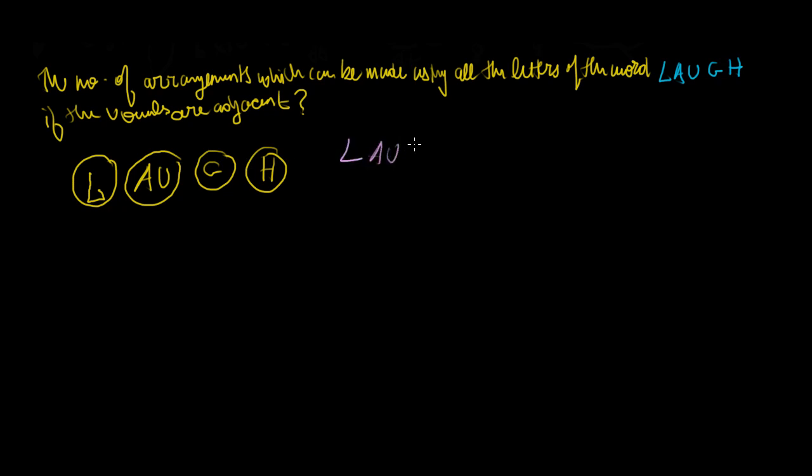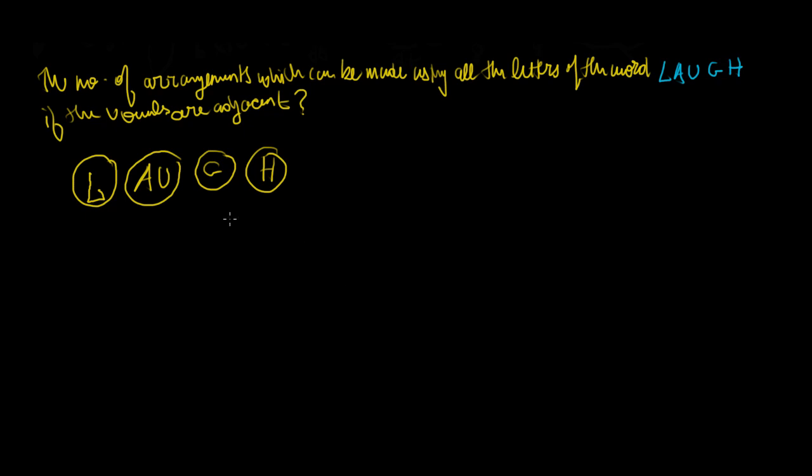You'll get the word LAUGH, you'll get AU, L, G, H, and H, G, L with AU, and in the last AUGHL, or something like that, right? So you'll see that in all the cases the vowels are adjacent, right? So this is one way to think about the problem.